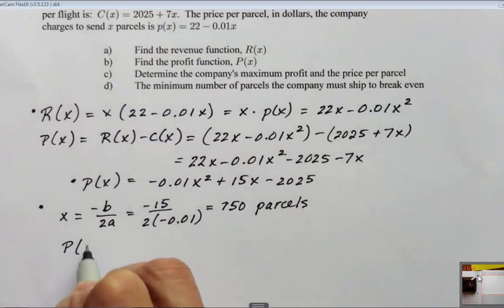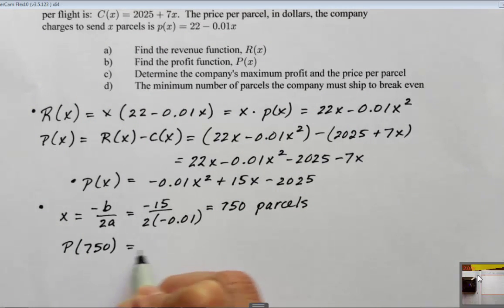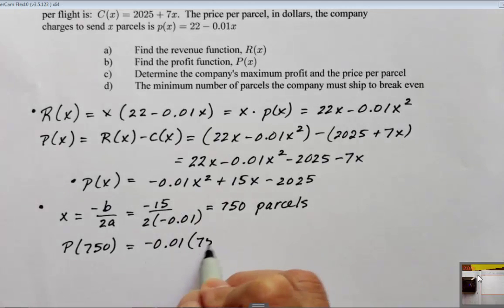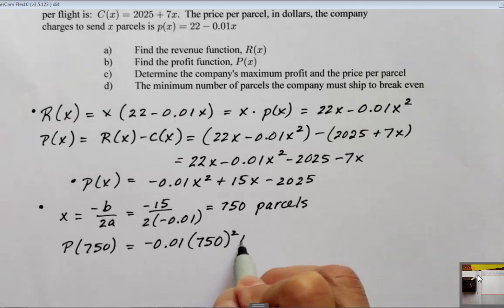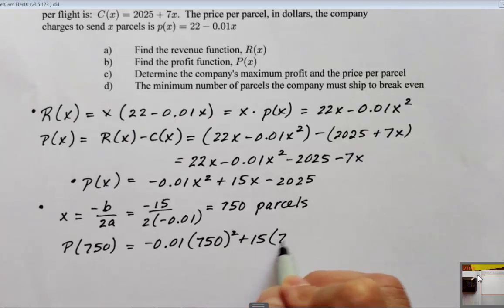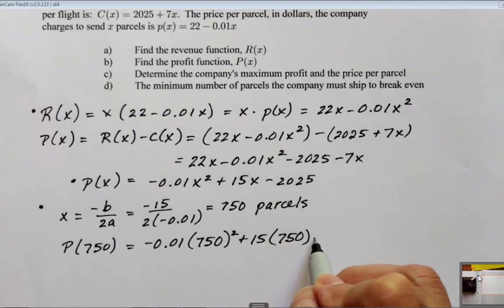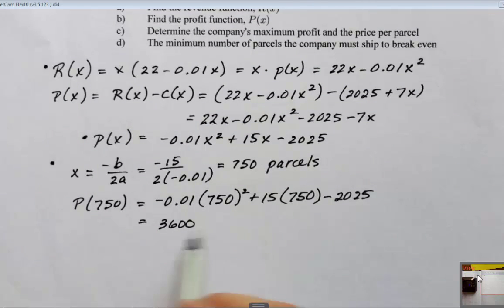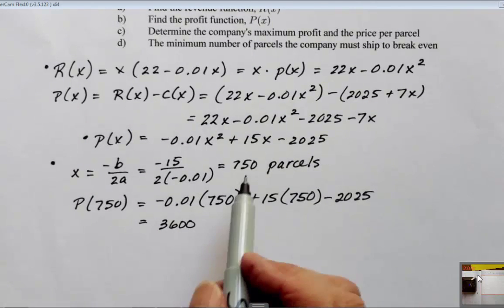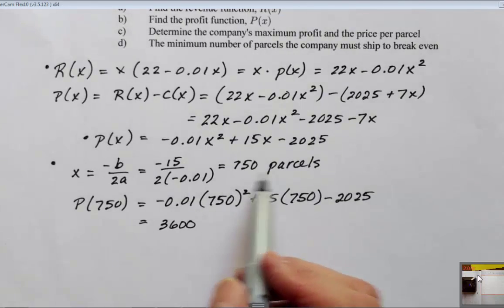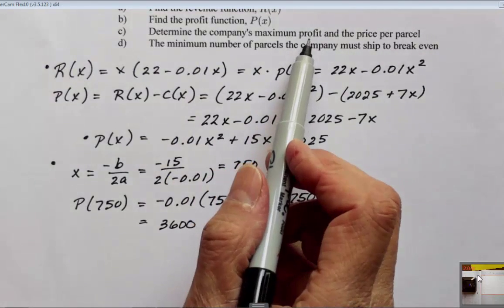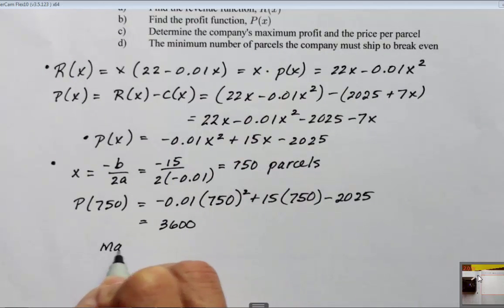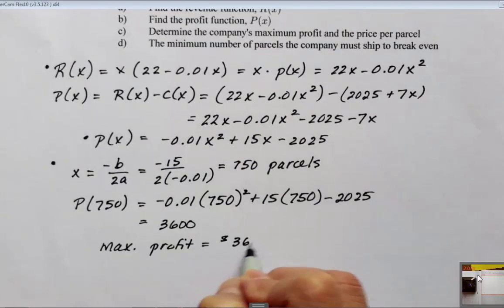So P(750) is equal to negative 0.01 times 750 squared, plus 15 times 750, minus 2025. Calculating this out gives me 3,600. So that means that when I sell 750 parcels, I will have a maximum profit of $3,600.